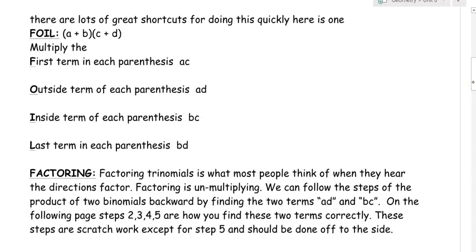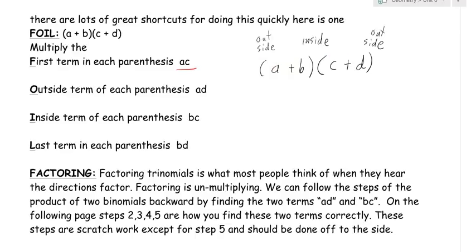Lots of people know this shortcut as FOIL. First, outside, inside, last. Multiply the first term in each parenthesis together. The first term is a in the first set of parentheses. The first term is c in the second set of parentheses, so a times c. Then look at it from what are the outside terms and the inside terms of the 2 things multiplied together.